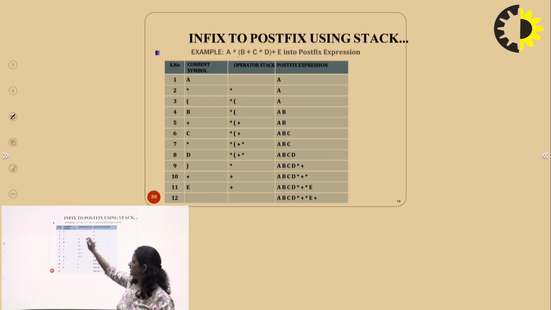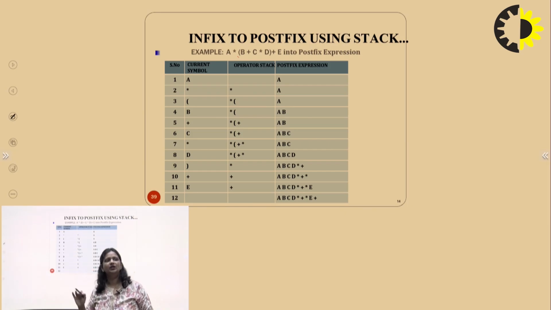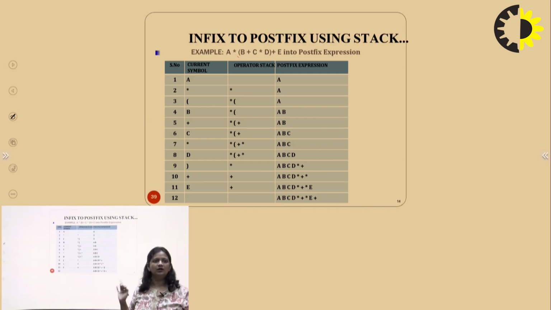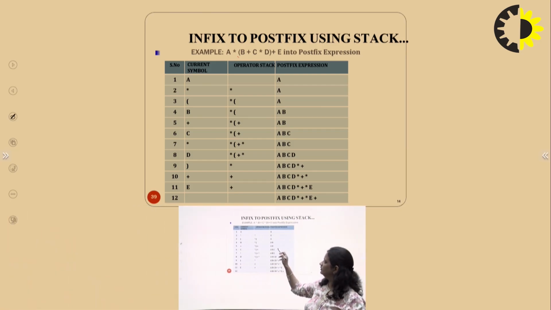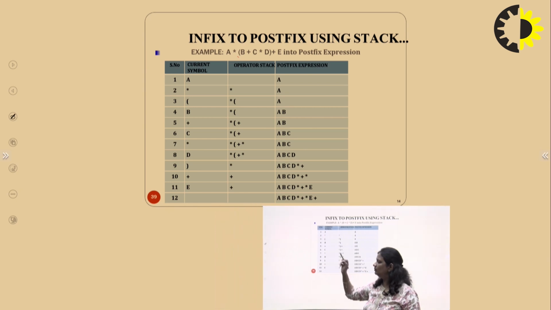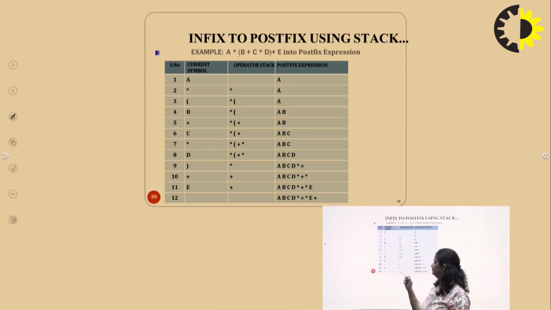Now plus, the addition sign. When an operator is encountered, we push it onto the operator stack. Now C, another operand, is encountered, so we just display it. Now the multiplication sign.